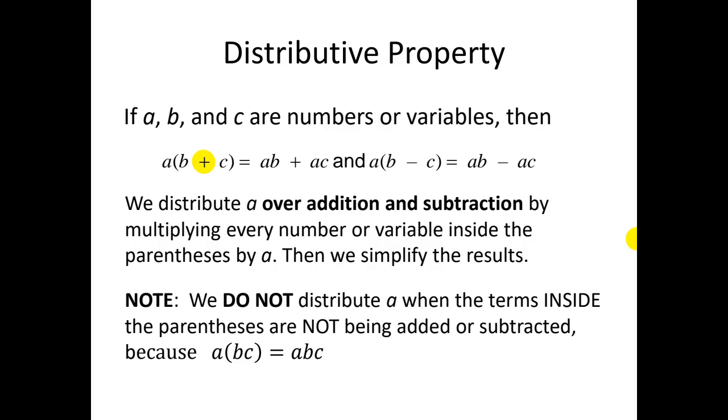And distributive means over addition or subtraction, which means inside the parentheses you have a plus that separates 2 of the 3 terms. One is sitting out in front of the parentheses. Well, remember, if you sit out in front of the parentheses, means you're multiplying.